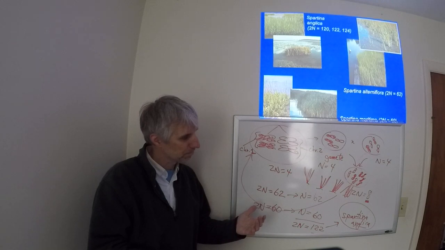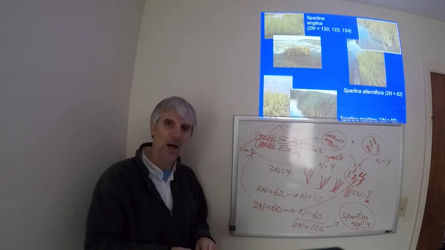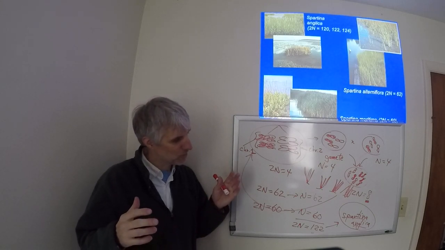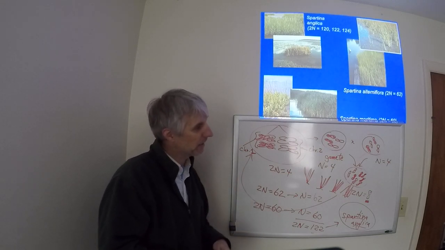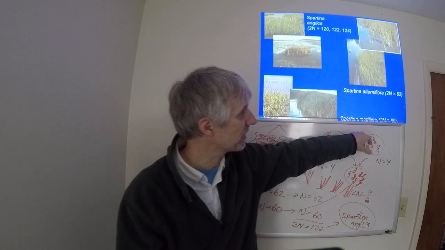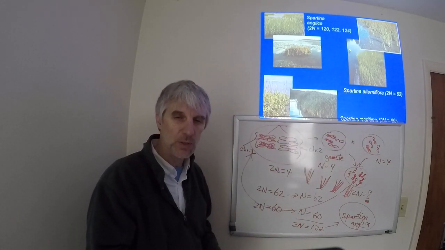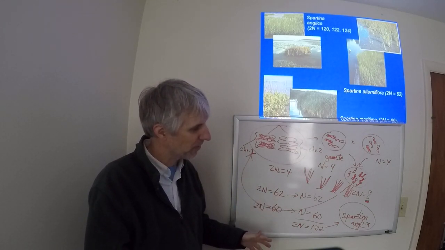So Spartina anglica, since the days of the colonies back in the 1600s, has taken over Great Britain. It's outcompeted maritima. It spread to coastal Europe, France, Spain. It's taken over there.